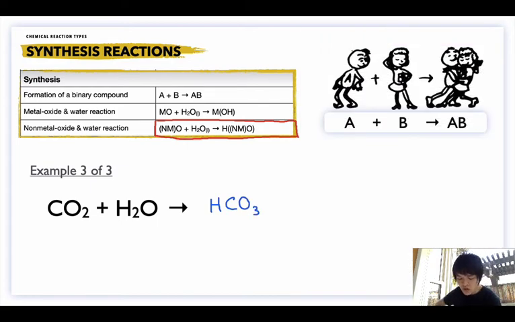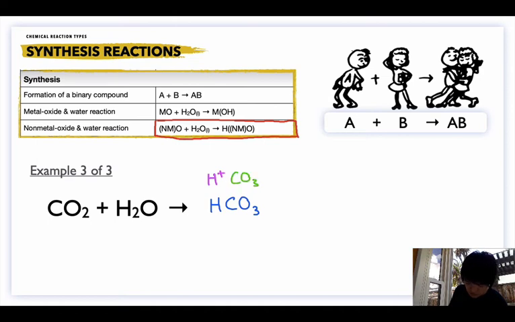Okay, and now we're going to go ahead and check to see if this is correctly written. So we're going to write the charges and see if it's balanced. If you take a look at the charges, you're going to notice there's only one positive charge, but there's two negative charges.